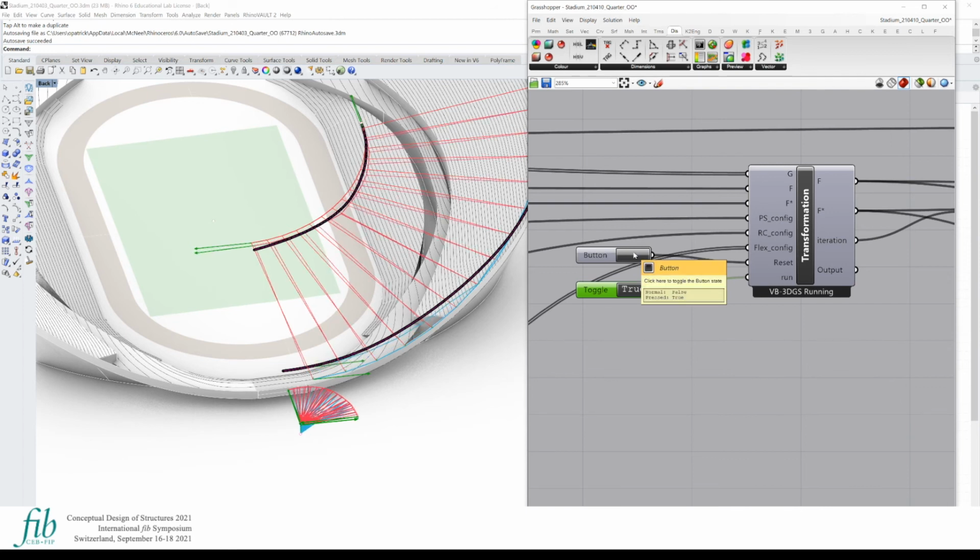You can observe how the form and force diagram are both changing simultaneously in order to match the given constraints as closely as possible. You can obviously let it run very long or very short. It's up to you as a designer to see when it fulfills the requirements.